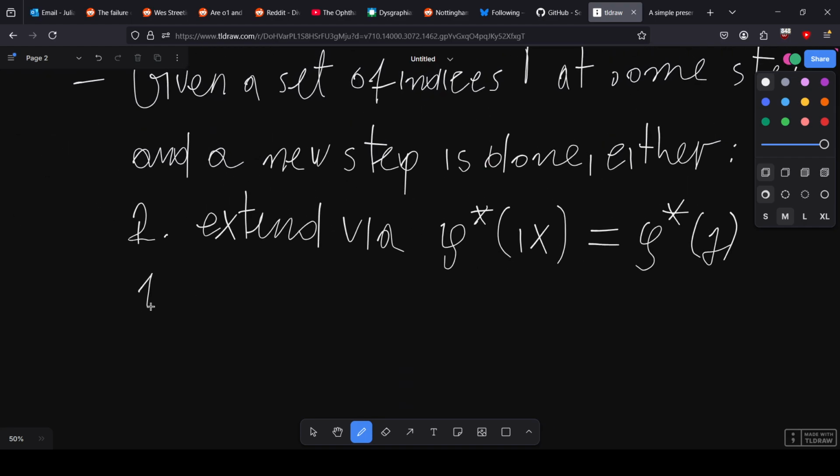In the case of step 1, we need to be a little sneakier.